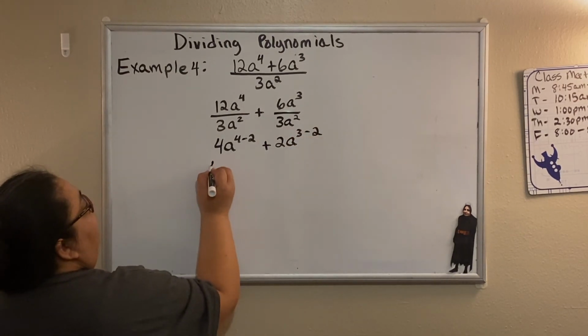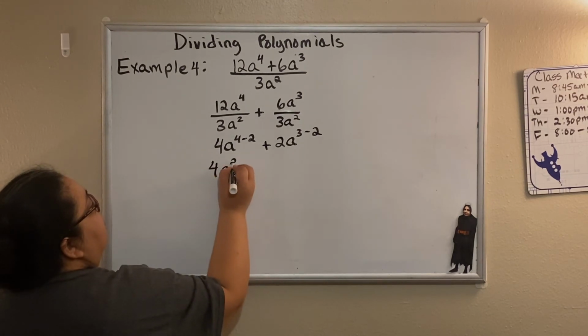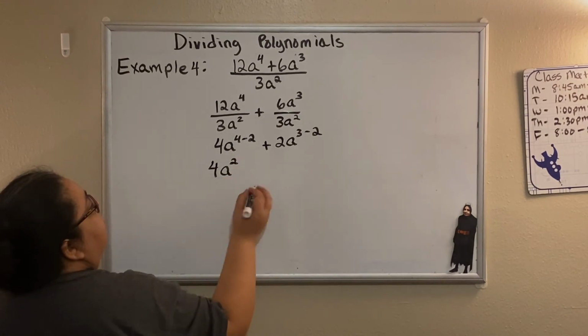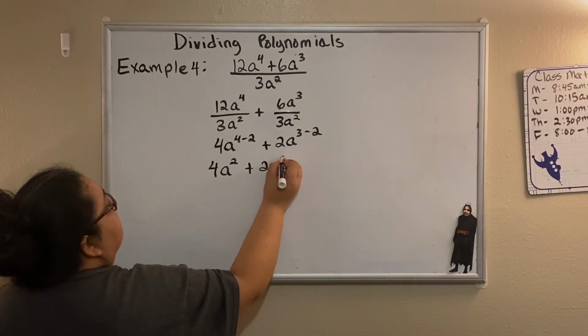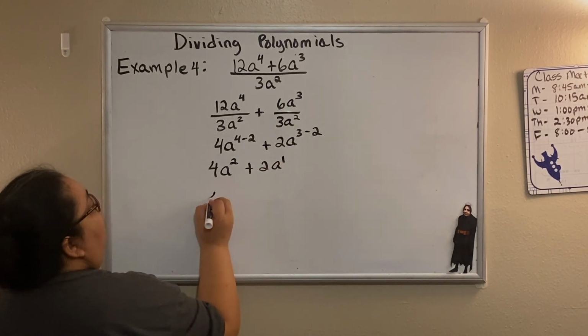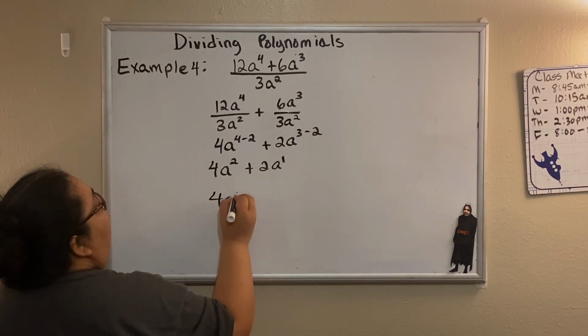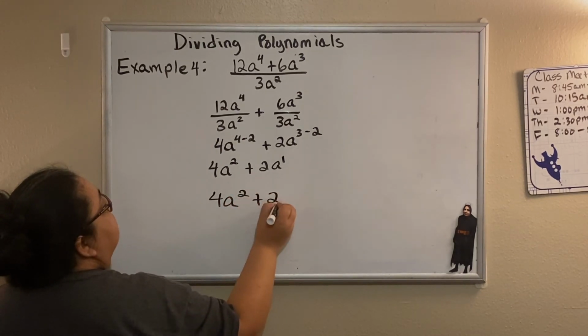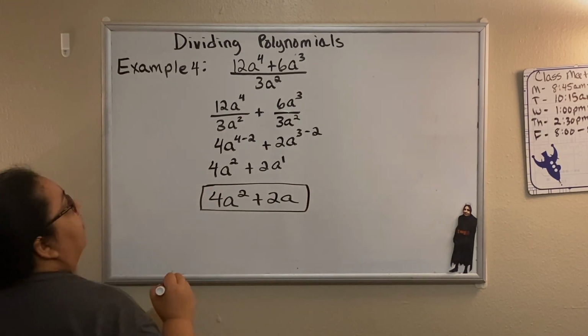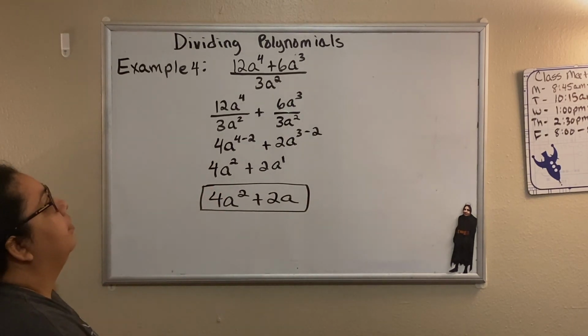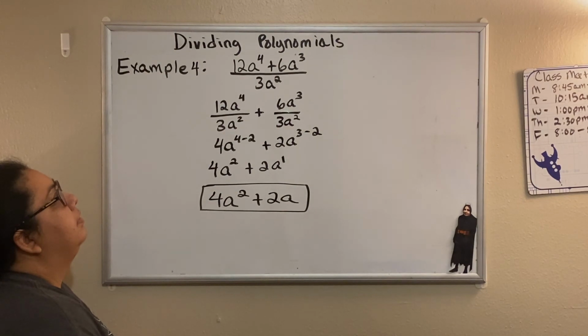And now we simplify. This will be 4a to the 2nd, 4 minus 2 is 2, plus 2a, and then 3 minus 2 is 1. But we don't need that 1, so we can just say 4a to the 2nd plus 2a, and that is 12a to the 4th plus 6a to the 3rd divided by 3a squared, reduced.